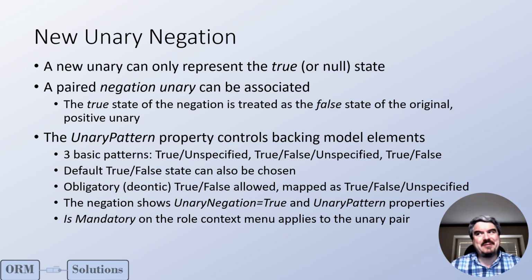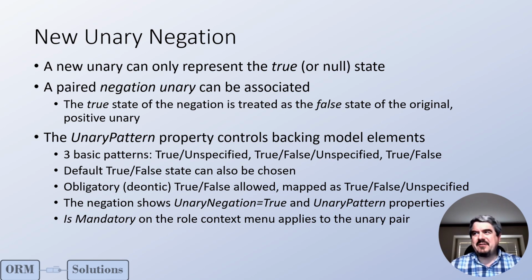True or unspecified means you have one unary fact type, you don't have two. True, false, or unspecified means you can explicitly put the false value. True, false, you add a mandatory constraint. So I'll show these on the next slide in the demo from the tool. You can also have a true, false, obligatory state, which just means the mandatory is a deontic constraint, so it's mapped the same as the true, false, unspecified.